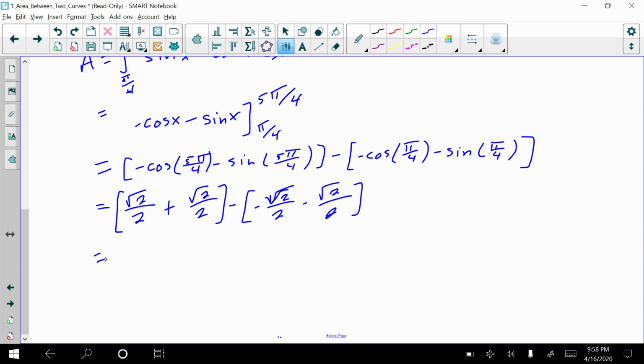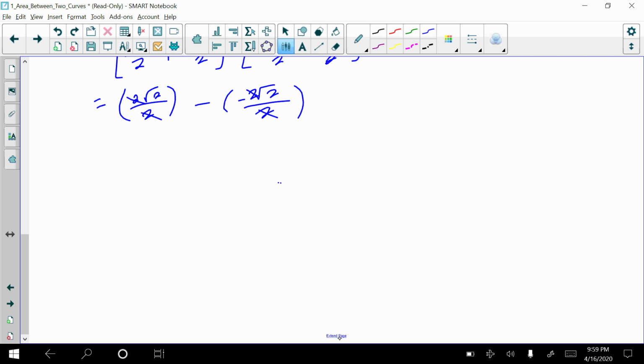Well, inside of each set of parentheses here, they are like terms. So the numerators are going to give me 2 radical 2 over 2, and of course, the 2's are going to simplify to be 1. And we'll do the same thing here. I'm going to get negative 2 radical 2 over 2, and again, the 2's are going to simplify to be a 1.